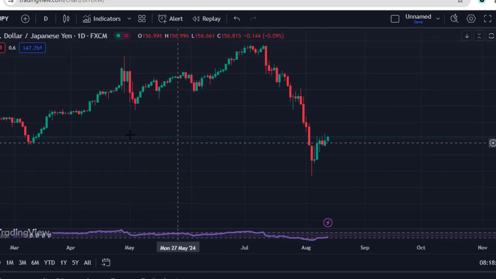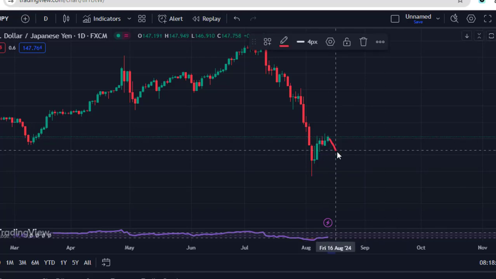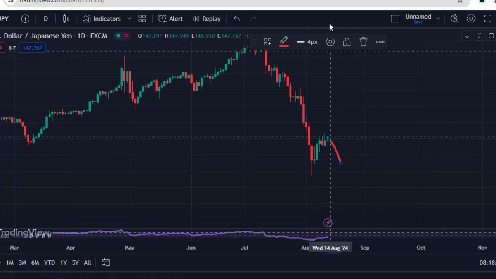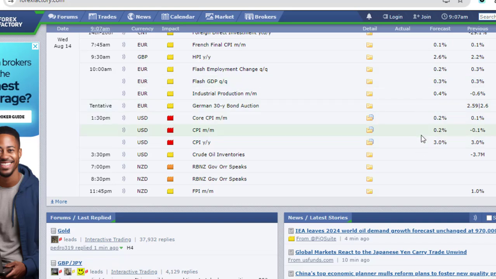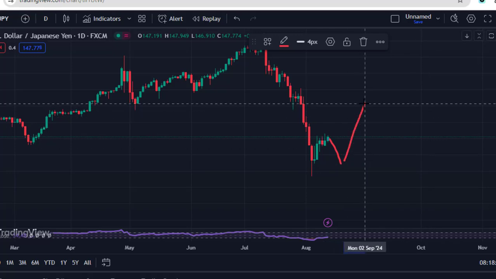We should see this market begin to move all the way to the downside from here, move all the way down, okay? And then if we see this very actual greater than the forecast, let's say for example 0.25 or 0.3, then we should see this chart move upward. That means it should favor the US dollar.